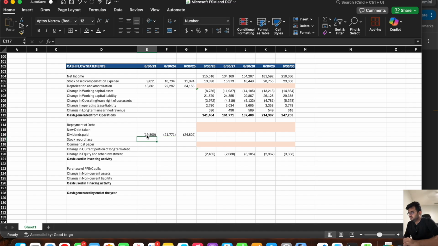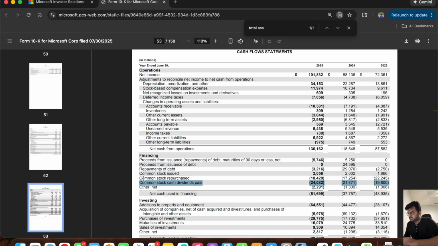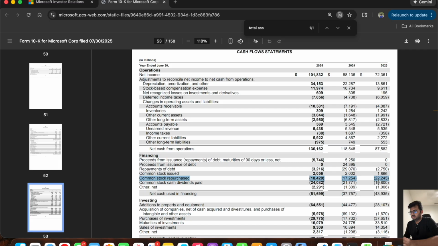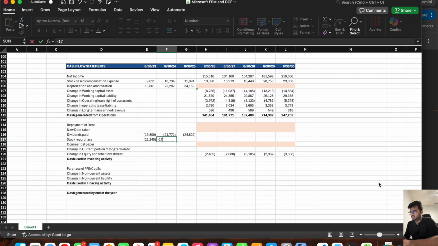And similarly, I'll also put in the stock repurchase, which is common stock repurchase, I'm just using a synonym of it. In 2023, they spent 22,245. Next year 17,254, and next year it is 18,420.